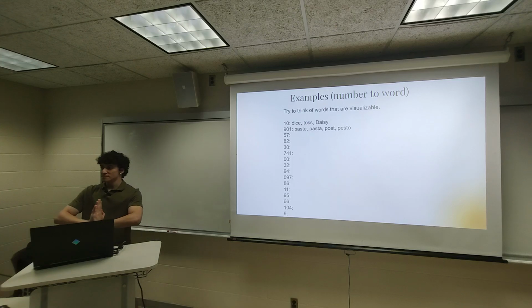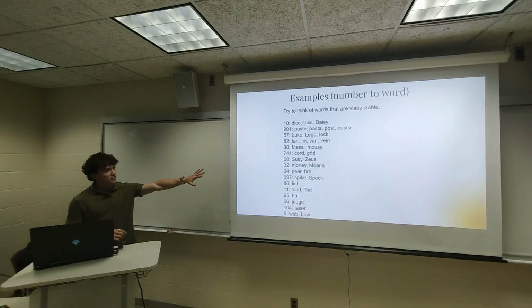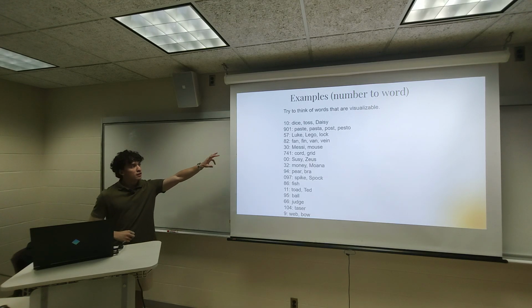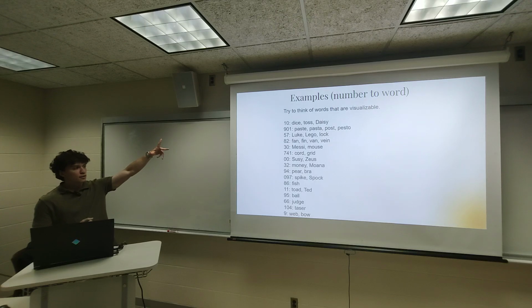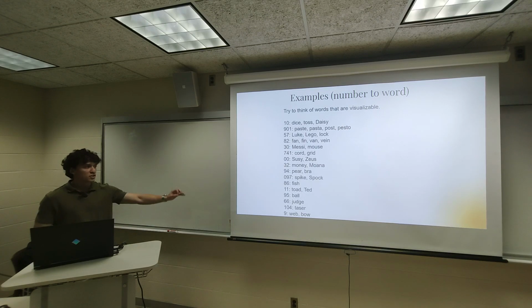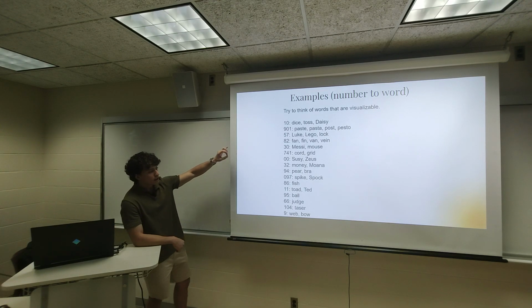Okay, can I show the answers? Is it fine? Okay, so these are the answers, some ideas. So 57, Luke, Lego, lock. 82, fan, fin, van, vein. 30, Messi, mouse, mice would work as well. 741, cord, grid. 00, Susie, Zeus. 32, money, Moana. 94, pier, bra. 097, Spike, Spock.